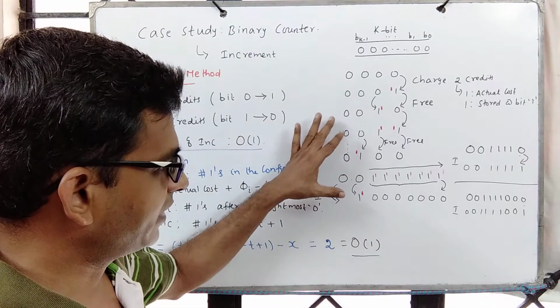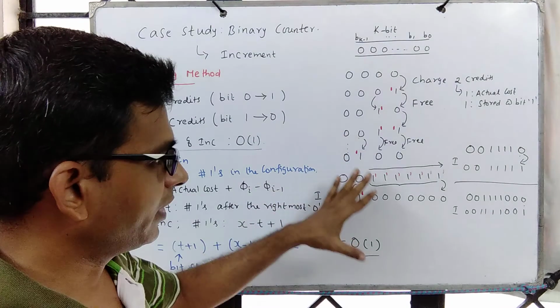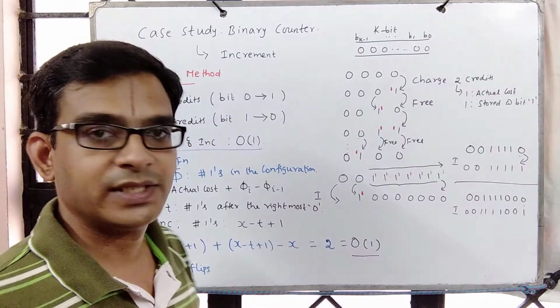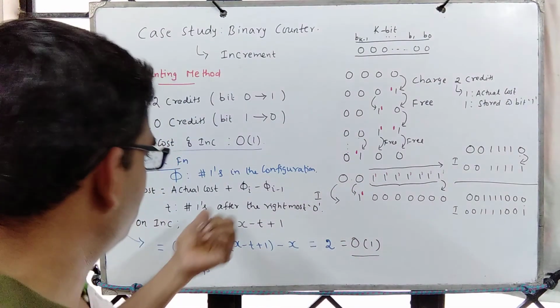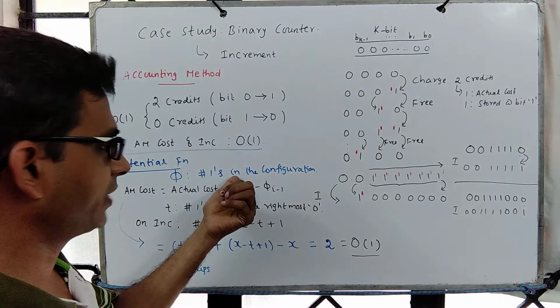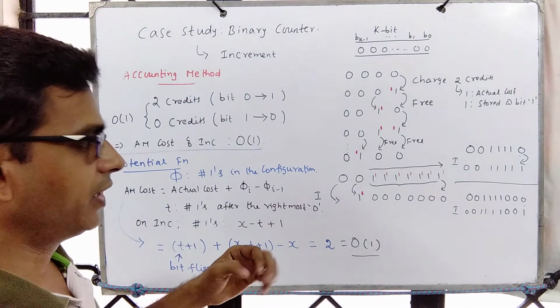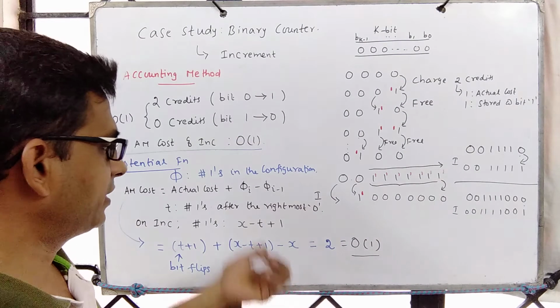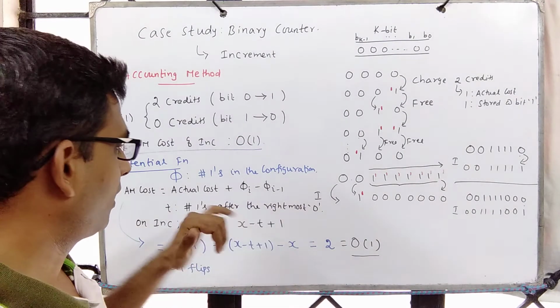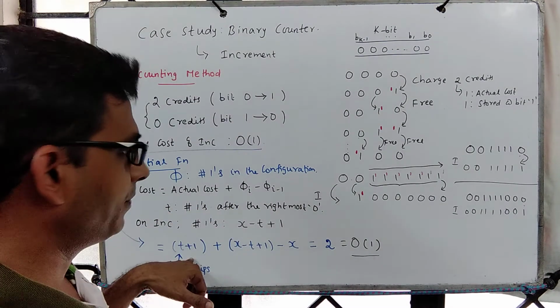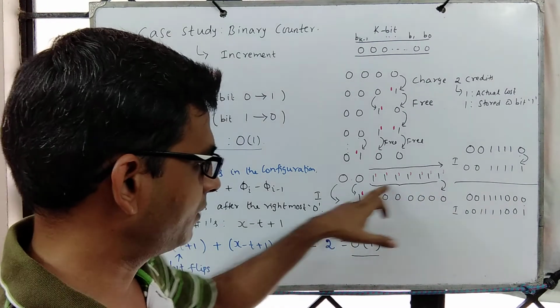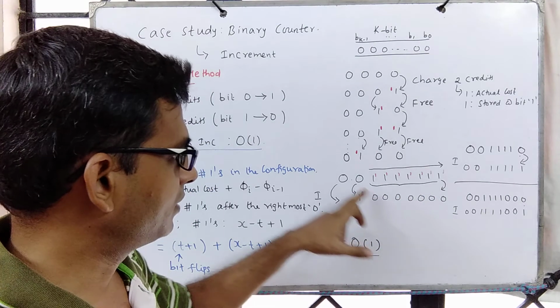So fix the configuration and see how many ones are there. That is precisely the potential associated with the configuration. Then on increment, what is the change in potential? We see that the actual cost is t plus 1 because we flip all of these to 0 and this 0 to 1.